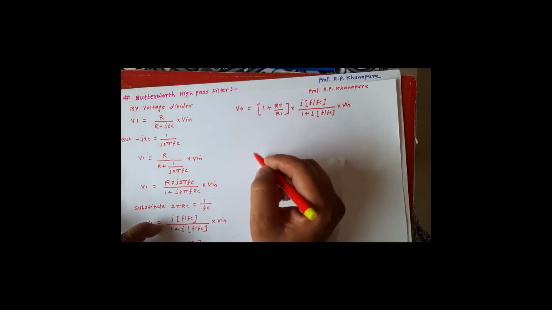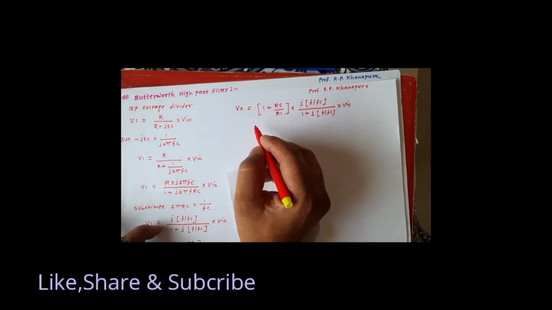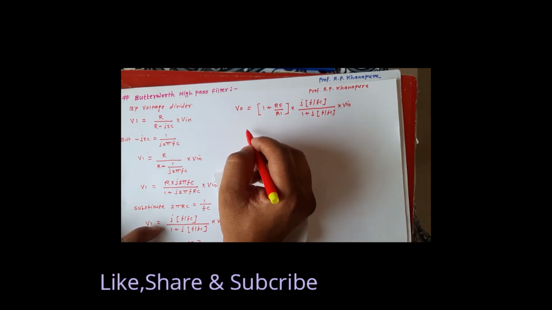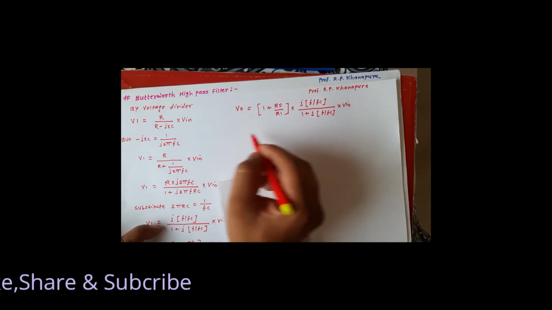Okay, now we have to derive the voltage gain, that is the output voltage V0 upon input voltage Vin.